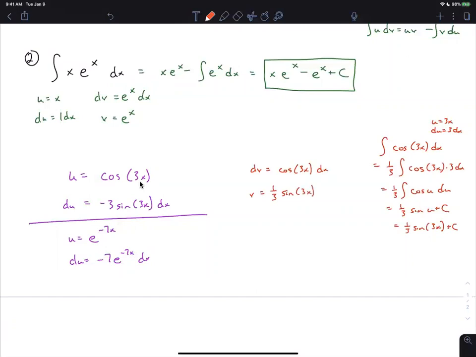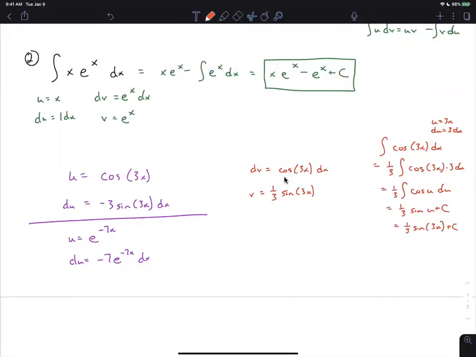So what I'm trying to say is that you can write this out every time if you want to go from dv to v. But if you can do ones like this in your head, what I mean is it's a quick u substitution where du is just a constant times dx, I think it's going to be easier for you. And so if you can get in the habit of doing that, let's do.